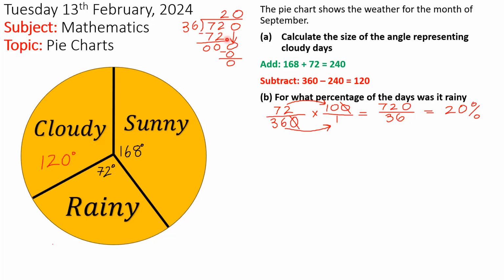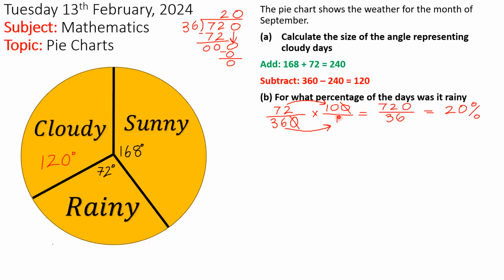Yes, sir. So we're going to put 72 over 360 because 72 is the degrees for rainy days. We're putting it over 360 because the circle should come up to 360 degrees. Yeah, the angles in the circle. Then we're going to multiply that by 100 because we're trying to find the percentage.